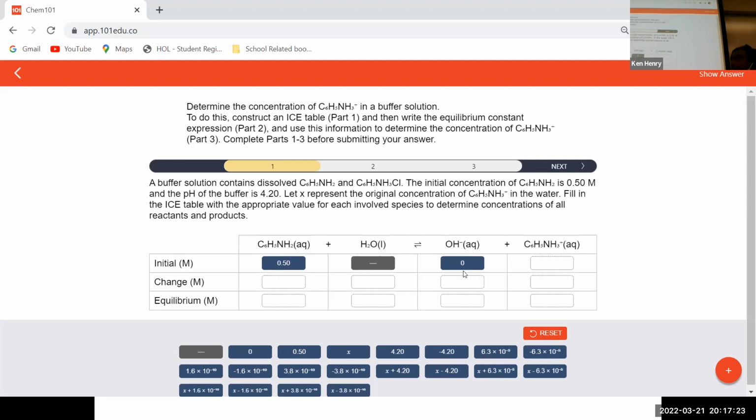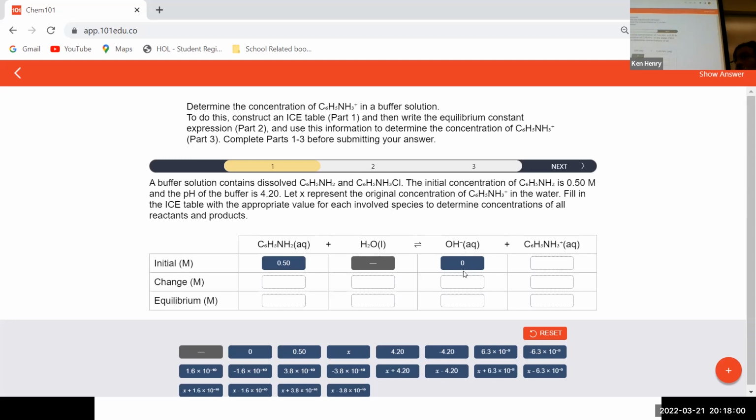Okay, read the question one more time, and then I'll write down whatever you tell me that I need to write down. Is this the one that we did? What does it say?